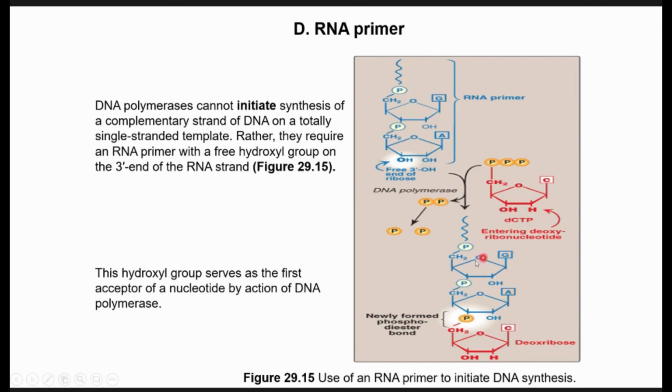So you have the primer, as you can see here, and you have the dCTP. Once this is formed, then the DNA polymerase can come and add to the chain. So the hydroxyl group serves as the first acceptor of a nucleotide by action of DNA polymerase.